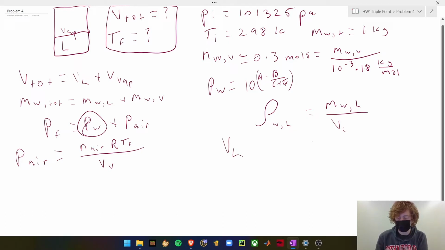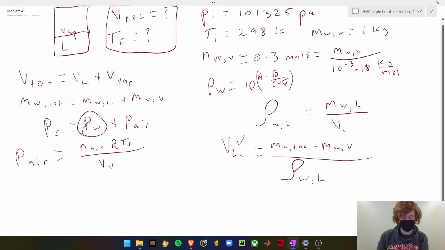We know our mass of water total, and we can find our mass of water in the vapor phase fairly easily. So we can express the volume of liquid water as mass of water total minus mass of water in the vapor phase, divided by our density of water in the liquid phase.